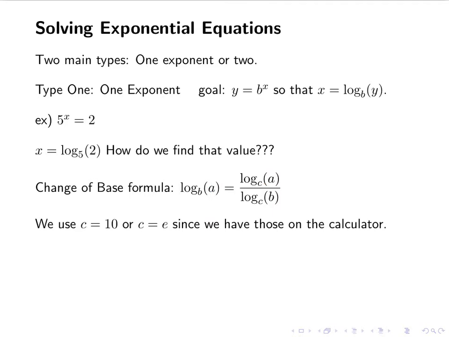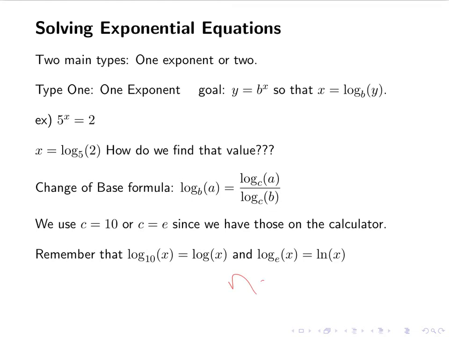Our calculators are going to have base 10 and base e. So what we need to do is remember how to use those bases. Log base 10 of x is just log of x. If there's no base written, it's understood to be base 10, and you should have that in your calculator. Also, log base e of x is ln of x, which is the natural log.